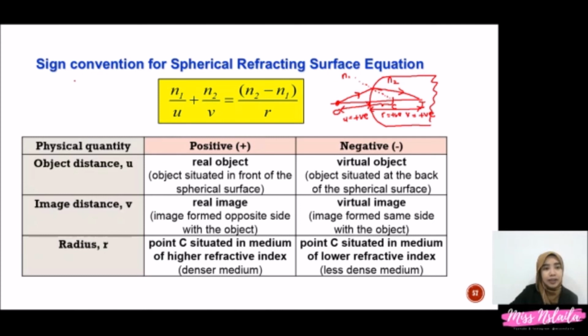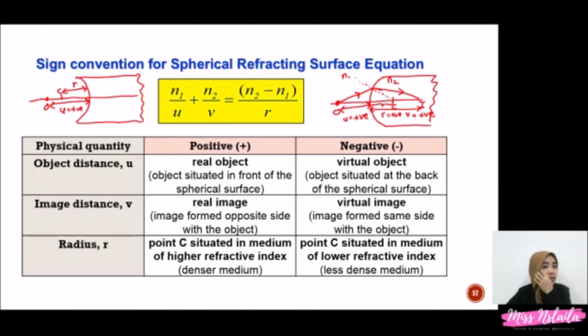Next example, I use a concave surface. Let's say the object is situated here. So this will be U. U will be positive because the object is situated in front of the spherical surface. And then let's say the point C is here. So this will be R. Since the object is situated on this side, this will be N1 because the incident ray comes from the object, and this one will be N2.